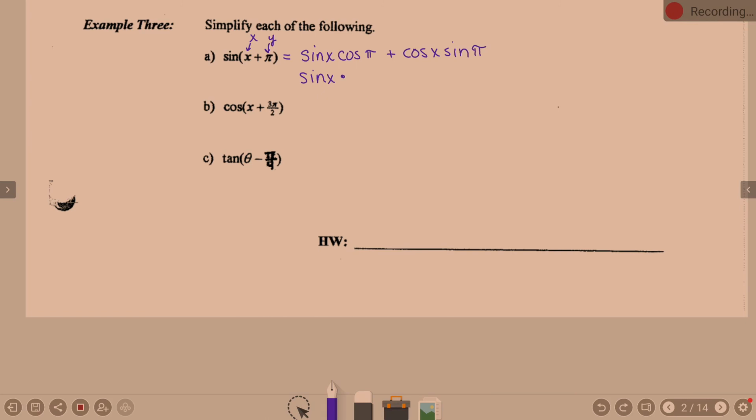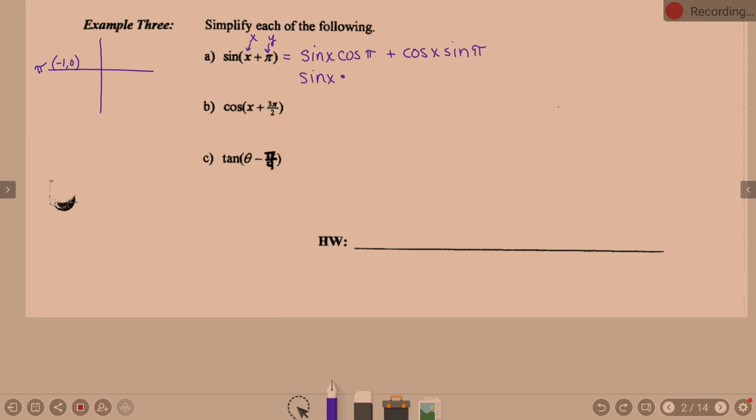Do we know cosine of pi? Where's pi? Pi's over there at 180, yes? So what is the cosine of pi?